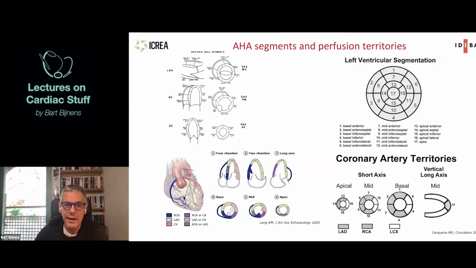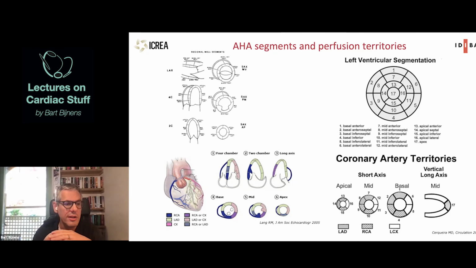The reason for that is that sometimes territories belong to one artery or the other. So when we split patients into coronary artery disease of the different vessels separately, we will make an error when we average. And because this is individually variable, these very strict, rigid segments, when we divide the heart into six, are also in a way very artificial, because in every person this territory will become bigger or smaller.